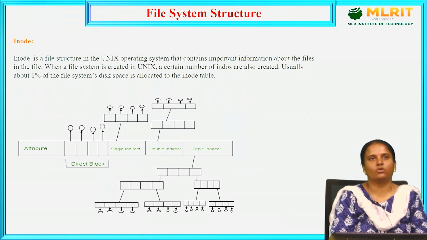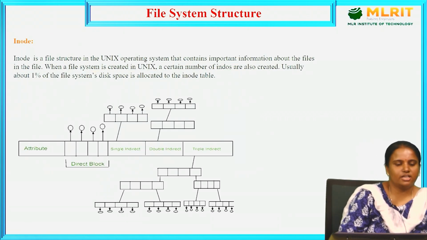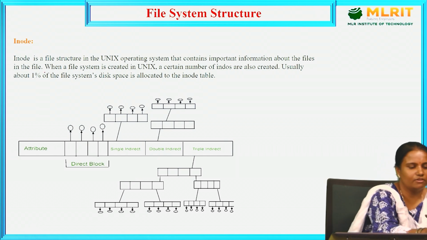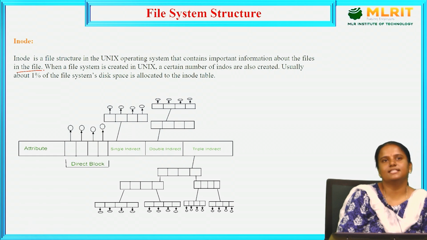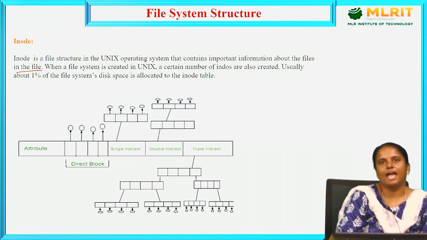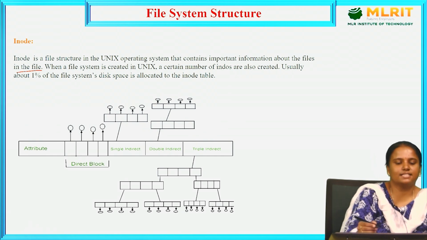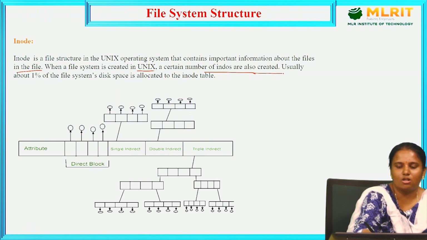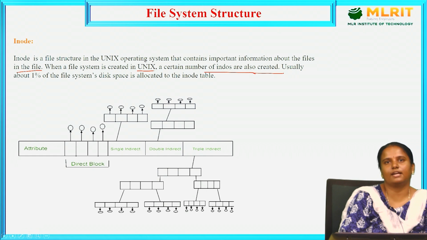Next, the inode. An inode is a file structure in the Unix operating system that contains important information about the files. It holds information about all the files, from one file to another. When a file is created in Unix, a certain number of inodes are also created.